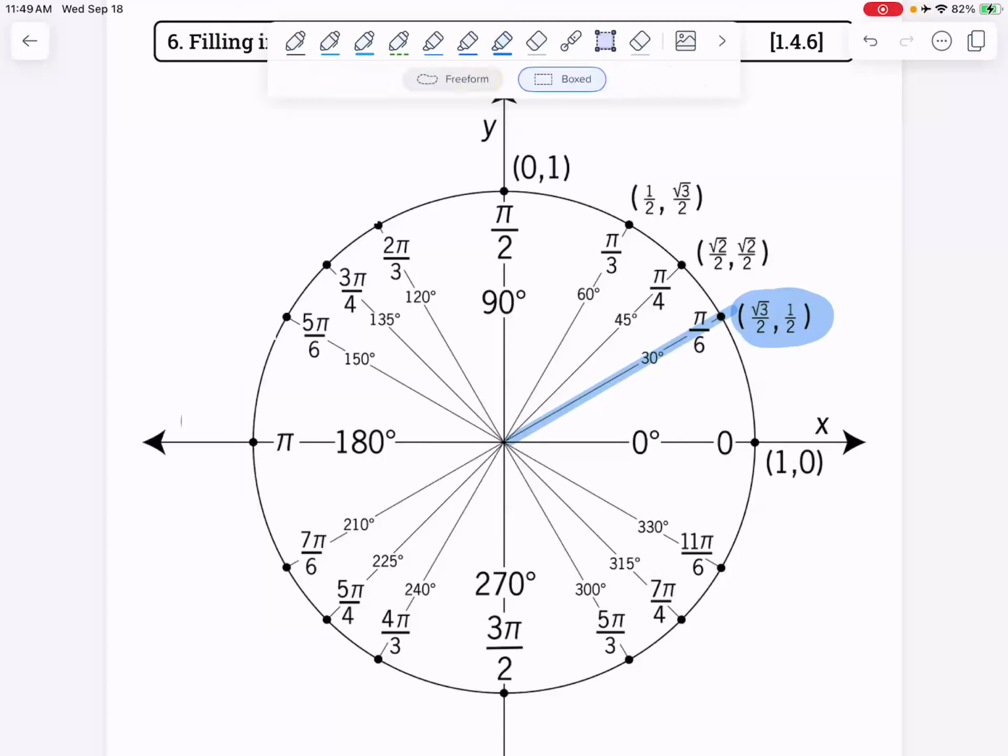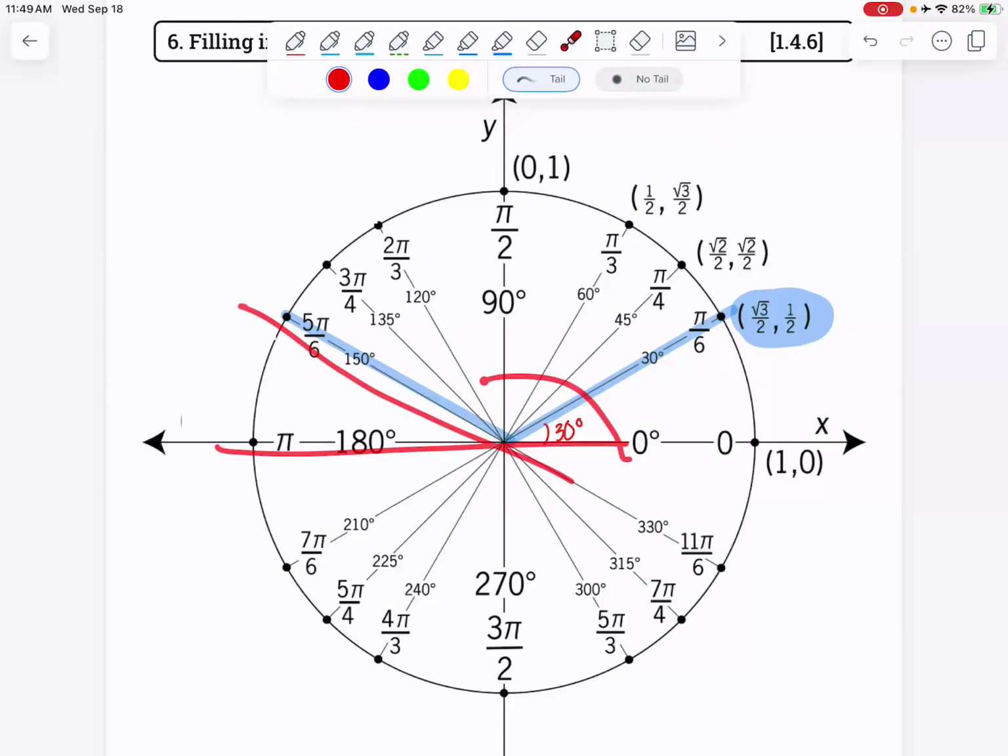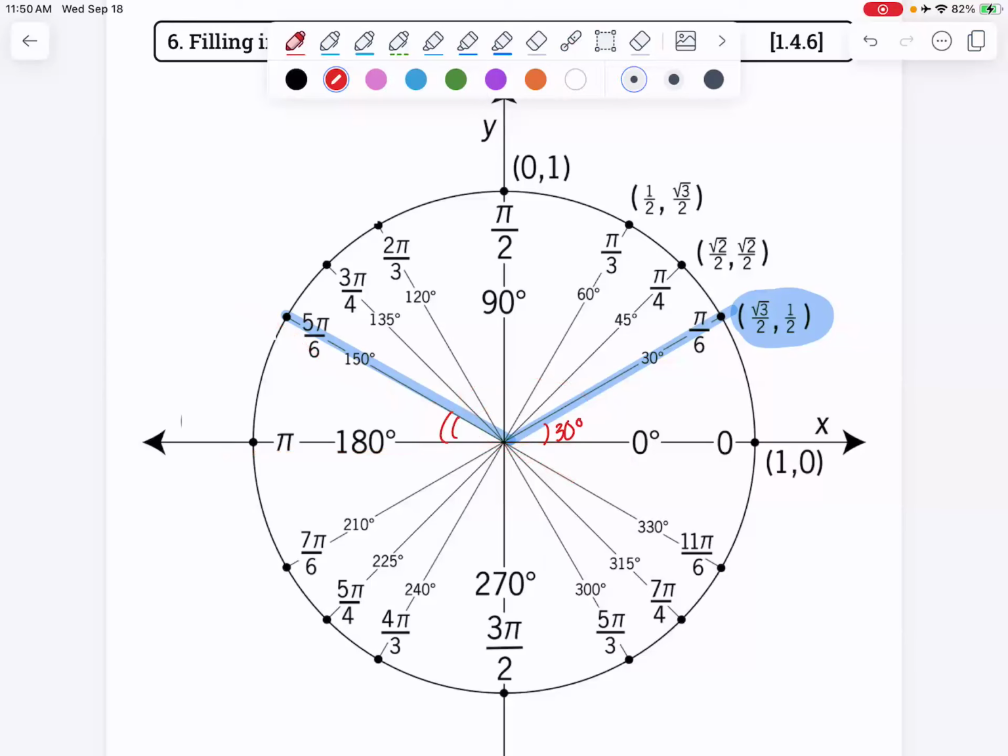Notice over here, this is a 30-degree angle, and look, if you have 150 degrees, its reference angle will be 30 degrees right here, right? This is a 30-degree reference angle, which means that this coordinate point right here has these values, but with different signs. So it's going to be square root of 3 over 2 comma 1/2.